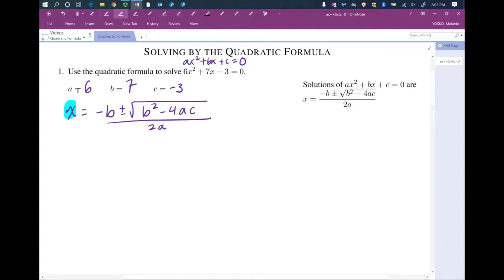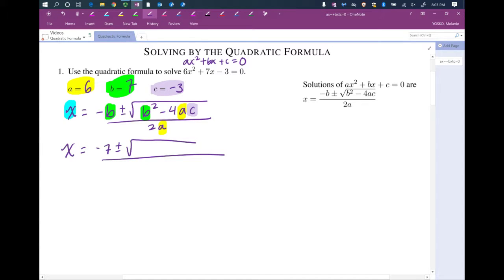So if you see a is 6, you're going to put it right there. B is 7, so you're going to put a 7 right there. C is negative 3. So let's fill it in. x equals negative b, so negative 7 plus or minus the square root. Then we have b squared.